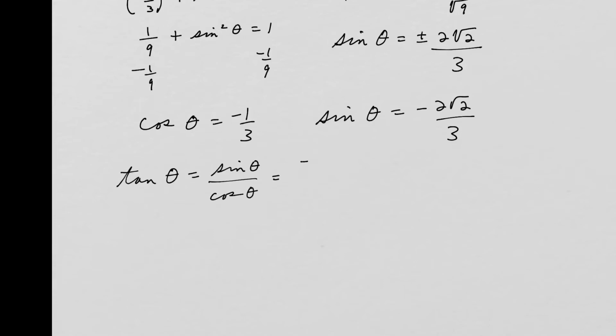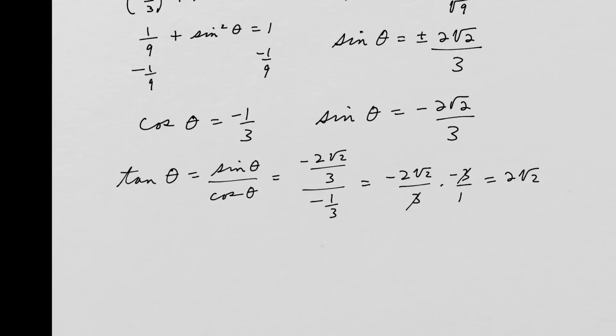So this is negative 2 radical 2 over 3 divided by negative 1/3. Well, that's the same as negative 2 radical 2 over 3 times negative 3 over 1. The 3's are going to cancel. Negative times negative is positive. And I'm just going to get 2 radical 2. So it looks like tan of theta is going to be 2 radical 2.